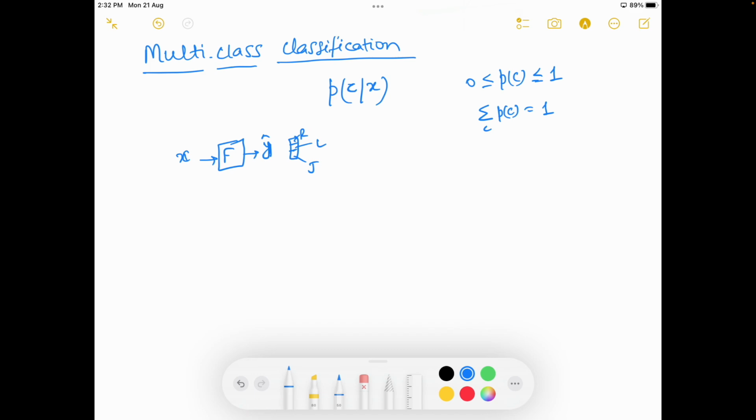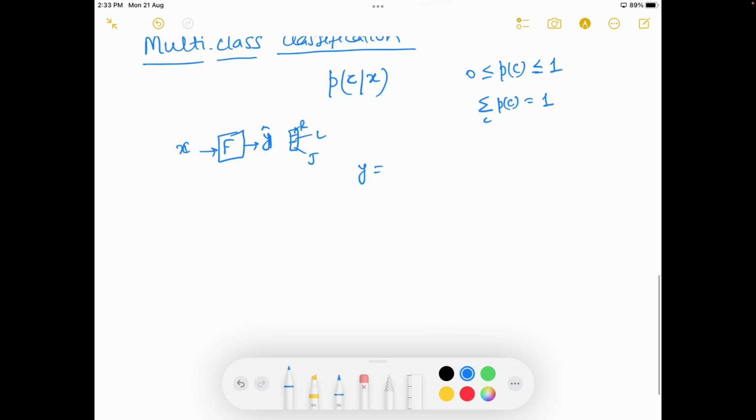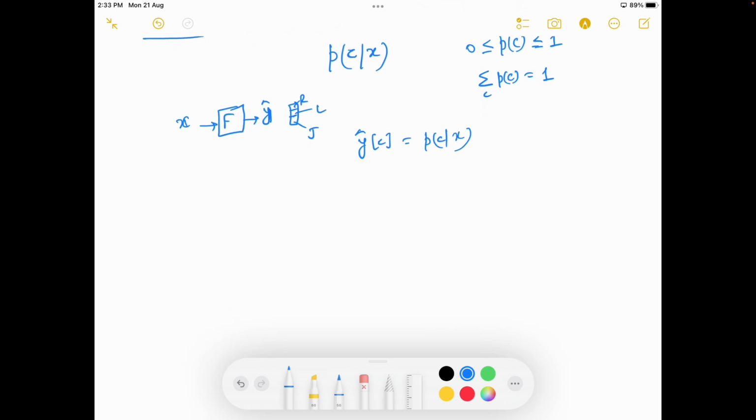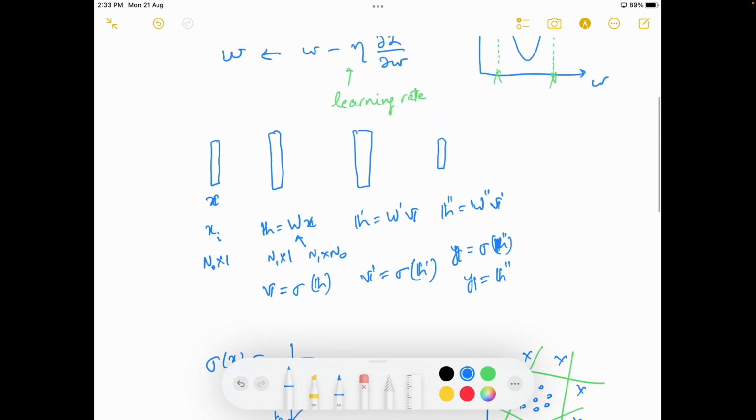Clear? My Y hat is equal to, basically Y hat, the Cth entry, if I am able to constrain it in this way. How can I put that constraint? Because you know that Y hat is some nonlinear function of H. We have seen here, H, what is H?